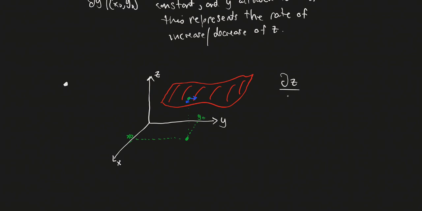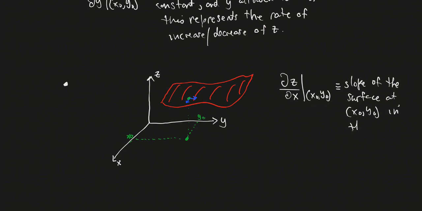So dz dx evaluated at a specific point can be interpreted as the slope of the surface at that point, so at x0, y0, but specifically in the x direction.